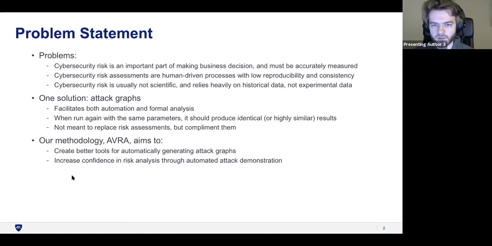And in doing so, increase confidence in risk analysis as a whole by doing automated processing on these attack graphs, and specifically with a focus on verification of the attack graph. So how do we know that what's in the attack graph, the things that the attack graph says, are actually true? And how can we verify those results by reproducibility and consistency?